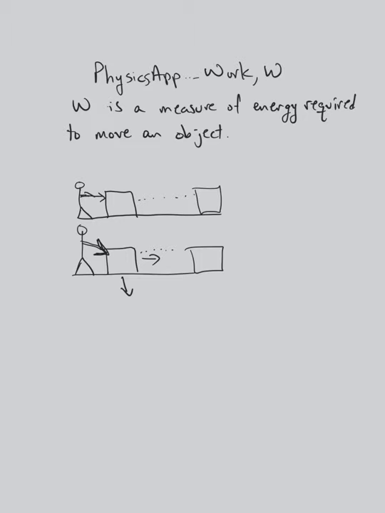Now, whenever I'm pushing on that box, I'm exerting a force, and so we'll call that F, the force used to move the object. And then notice that this object starts in one place and moves to another place. So that's actually a vector.